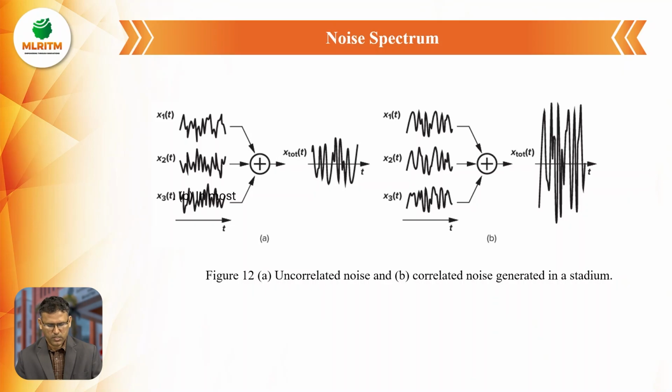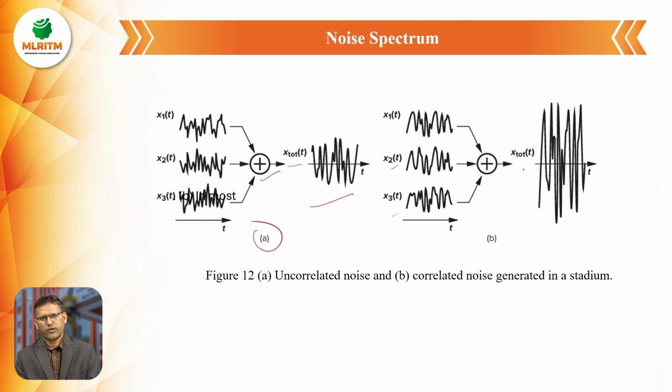For example, consider uncorrelated signals and correlated signals. In figure 1 we can observe that x1 of t, x2 of t, x3 of t are three different uncorrelated signals combined together, and the total signal is in some random fashion. But in the case of correlated signals, x1 of t is the same as x2 of t and x3 of t.